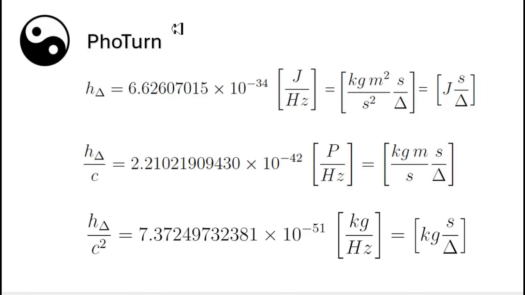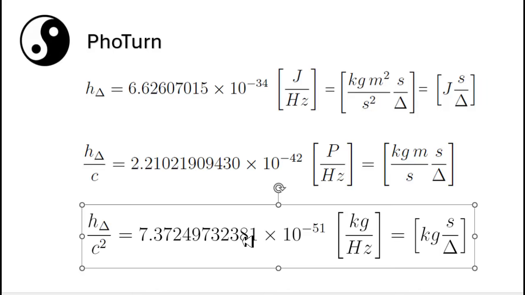In the own particle model, one turn has an energy, has a momentum, and has an inertial mass, and that's why light has momentum. Light has energy and momentum, and particles have energy, momentum, and mass.